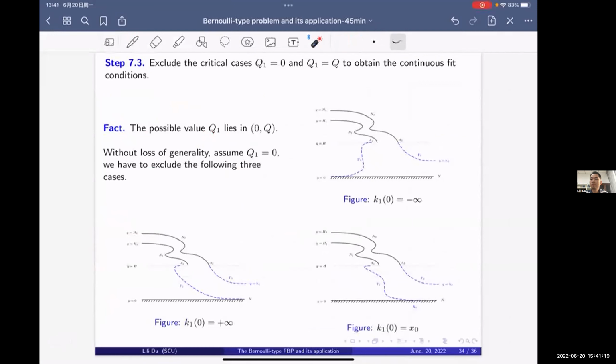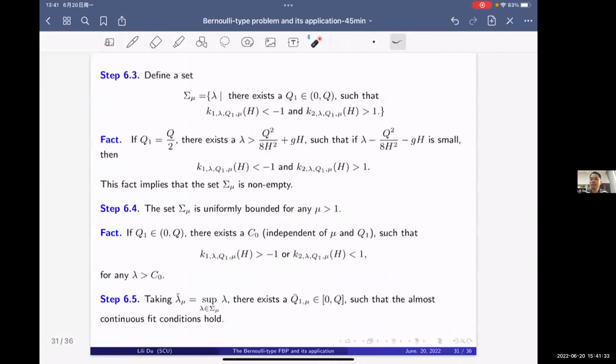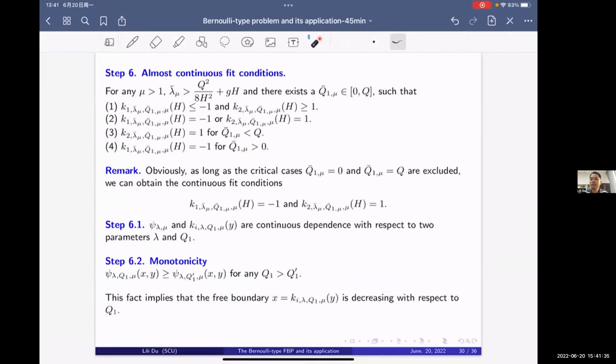Finally, we will exclude the critical cases Q1 equals 0 and Q1 equals Q to obtain the continuous fit condition. According to the almost continuous fit condition, as long as the critical cases Q1 equals 0 and Q1 equals Q are excluded, we can obtain the continuous fit condition.